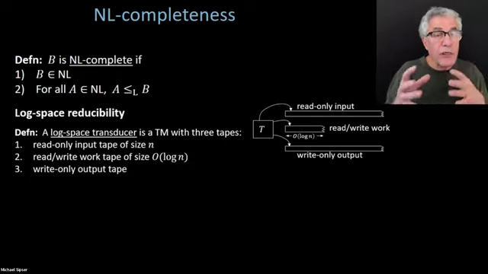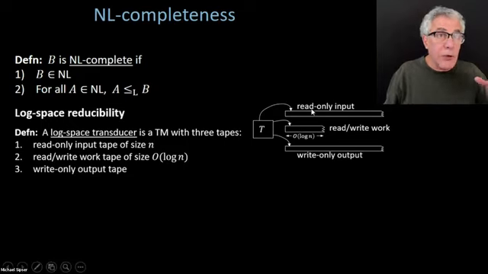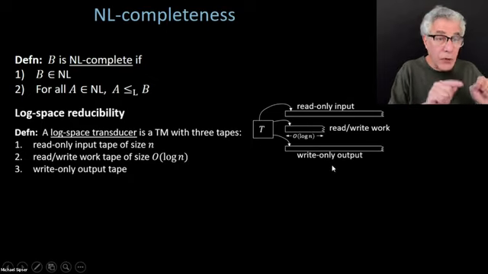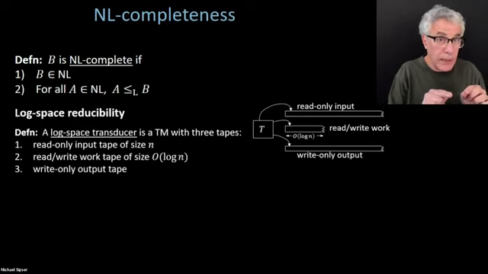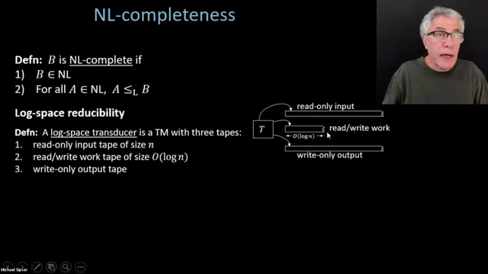So we're going to have a 3-tape model, where the input is read-only, the output is write-only. It's like a printer. You can only write on it, but you can't read back, because otherwise you could cheat by using the output as a kind of storage. And then you have your storage area, which is your read-write work tape.